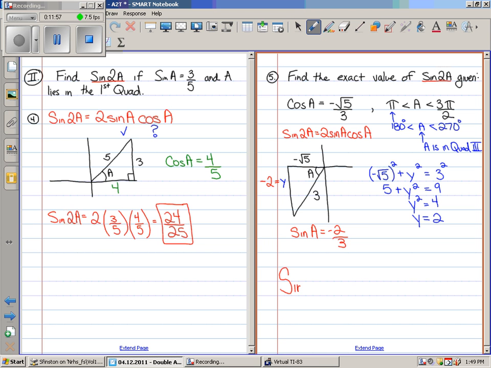We're going to do sine 2A equals 2 sine A, which was negative 2/3, cos A, which was negative square root 5 divided by 3, and what happens when you multiply them together? Top times top. 4 radical 5 divided by 9.